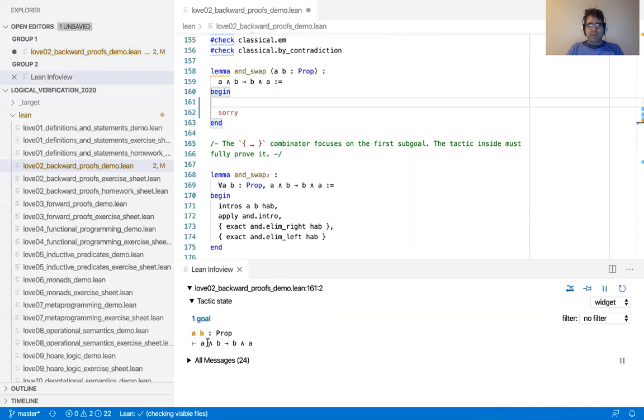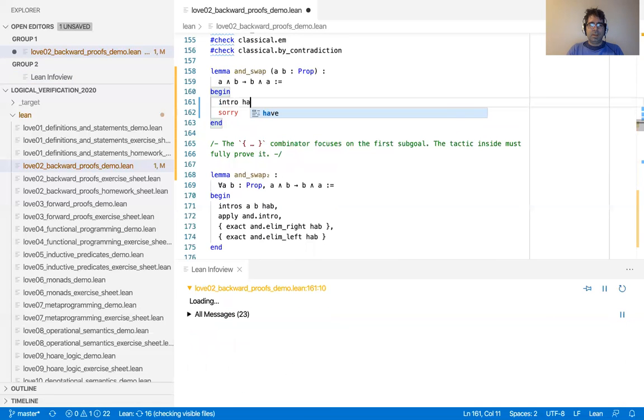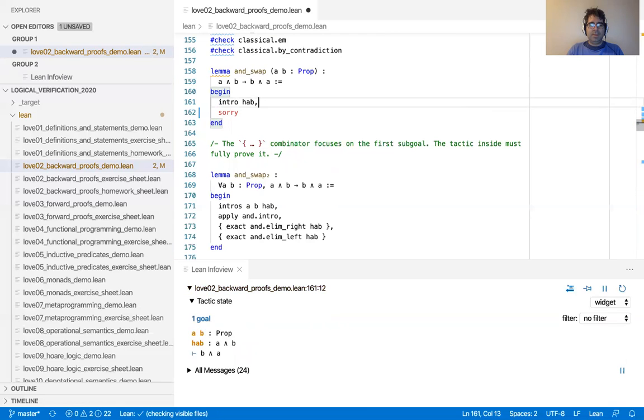And again, there's a strategy to it, and the strategy is given in the Hitchhiker's Guide, but the idea is very similar to the strategy we saw in the first lecture. Here there's an implication on top, so that means we're going to use an intro. And I'm going to call it HAB because the formula looks like A and B. So often you give names to your hypotheses and lemmas that resemble the shape of the formula.